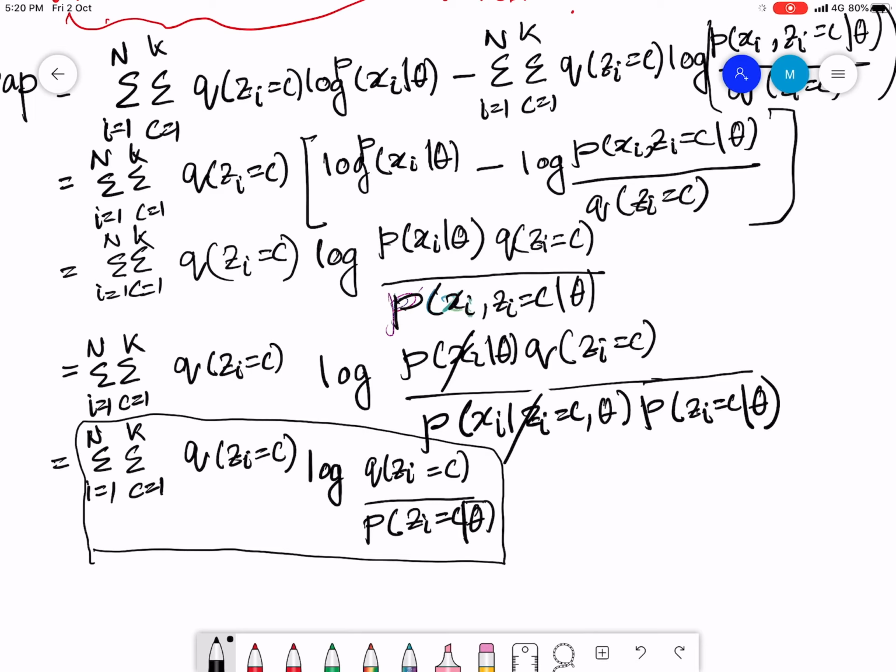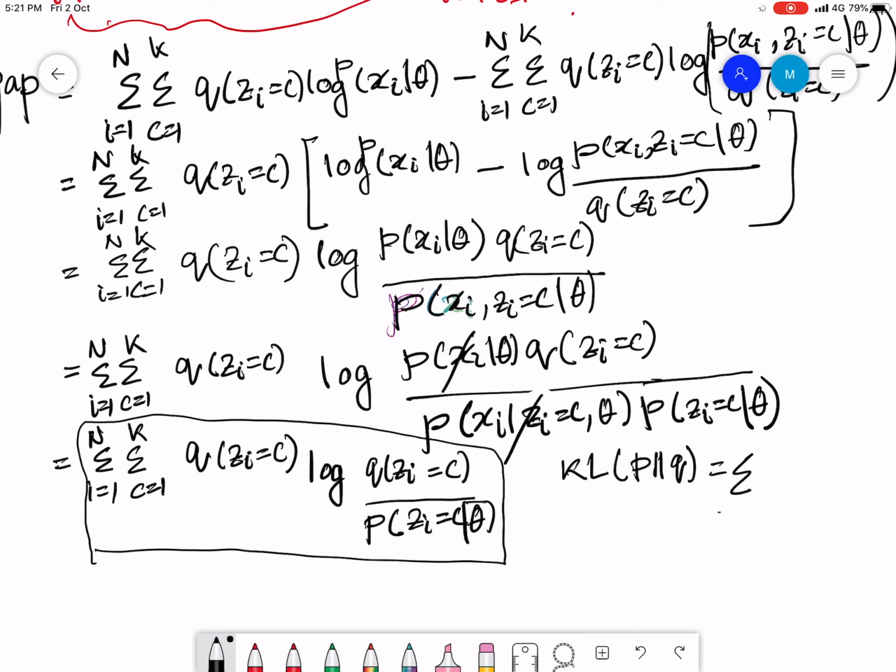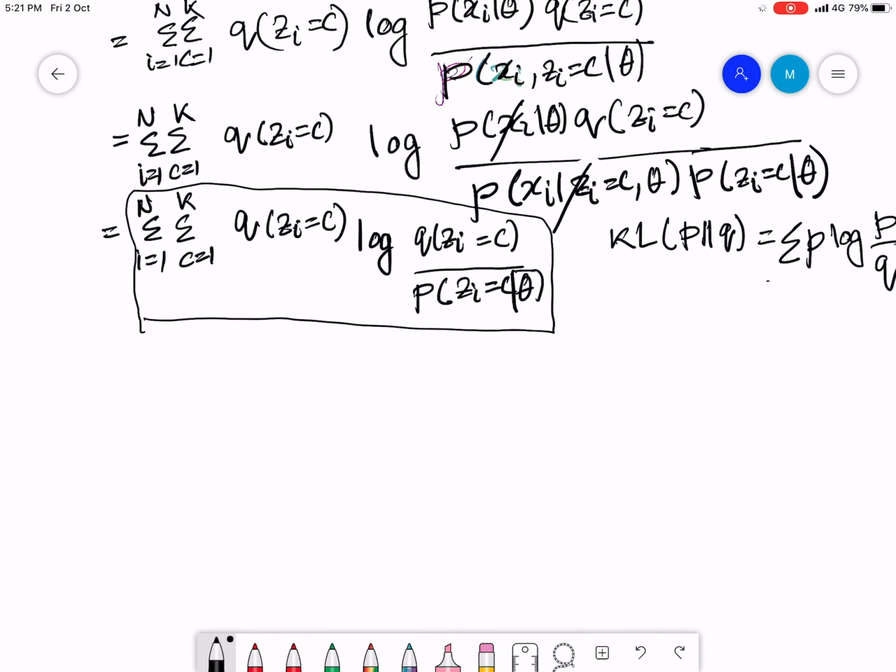Okay, so now let's see. What is the KL divergence between two distributions P and Q? It is the summation over all values of x over which P and Q are defined, P log of P by Q. This is the definition of KL divergence. So this quantity you see is nothing but, so Q is one distribution and p(z_i equals c given theta) is another distribution.